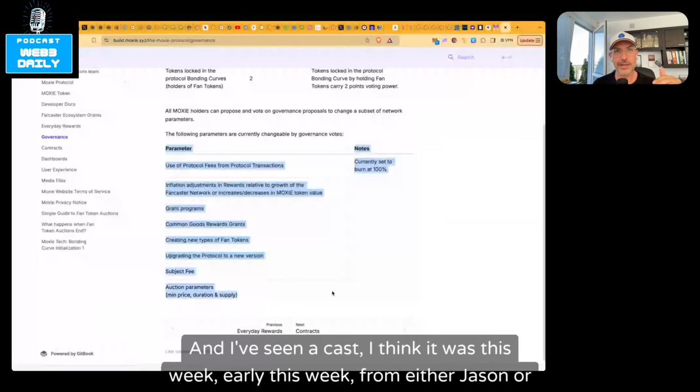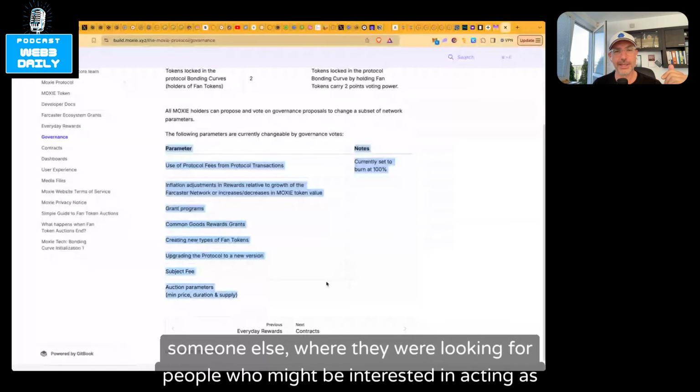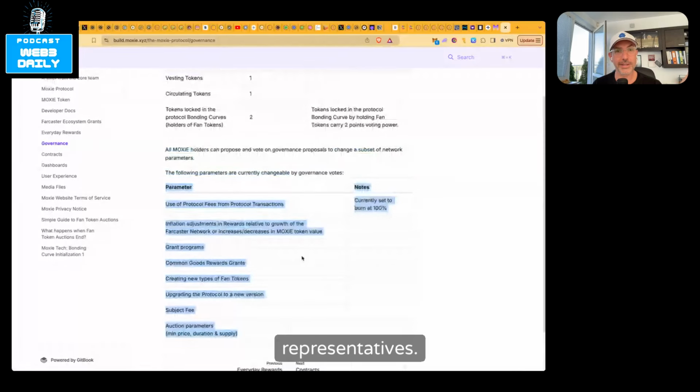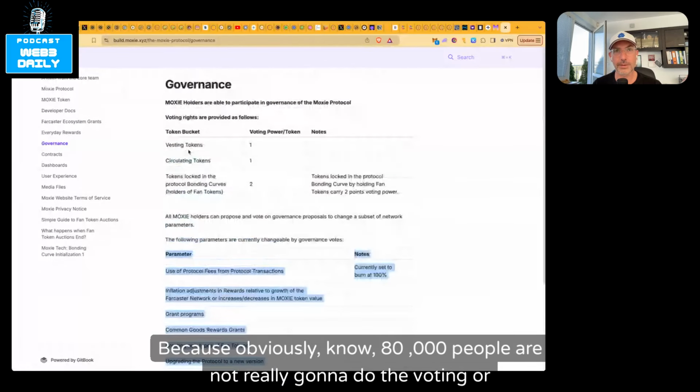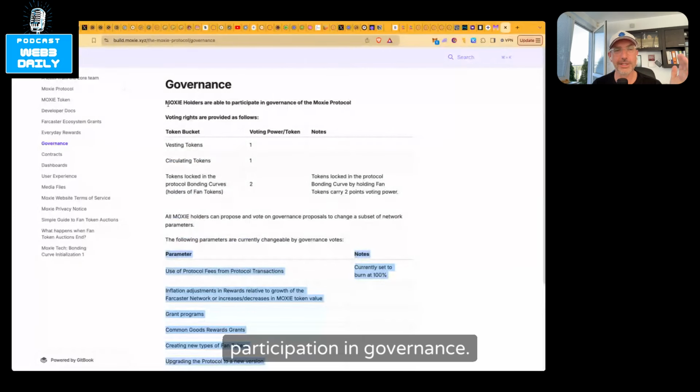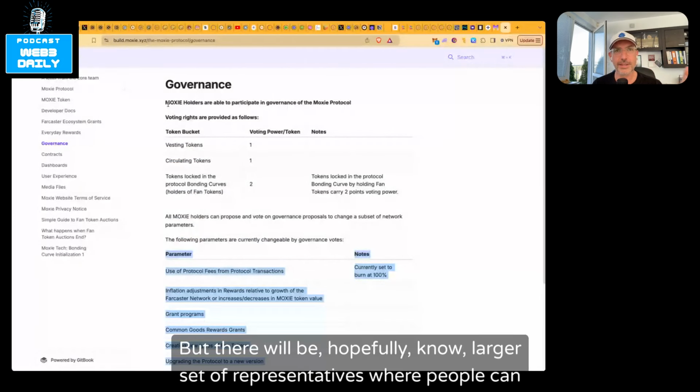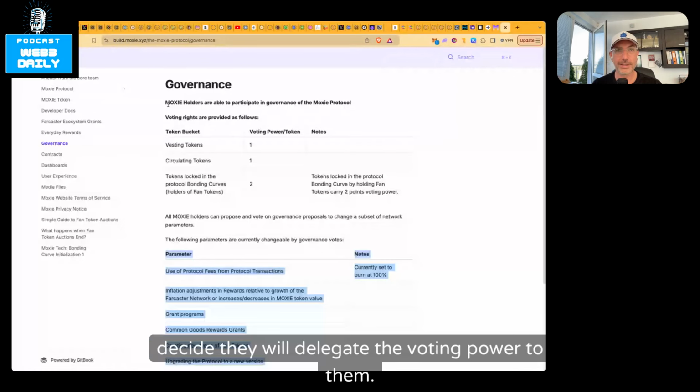And I've seen a cast, I think it was early this week, from either Jason or someone else, where they were looking for people who might be interested in acting as representatives, because obviously, 80,000 people are not really going to do the voting or participation in governance, but there will hopefully be a larger set of representatives where people can decide they will delegate the voting power to them.